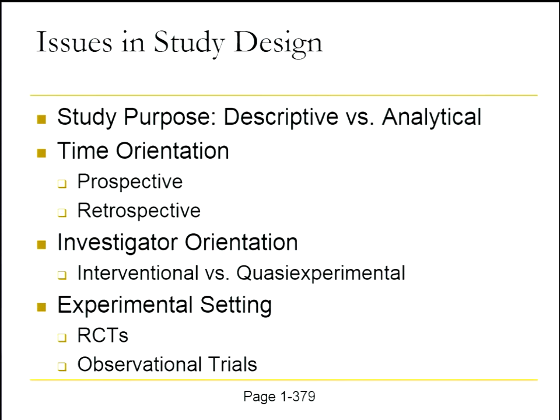And then lastly, and what we'll spend the most amount of time on, is the experimental setting. Is it a randomized controlled trial, or is it an observational trial? What's the difference between those, and what are the differences in how we can apply those to our particular situations?